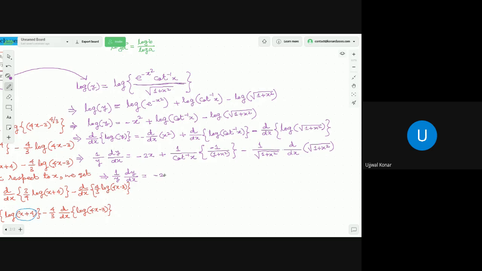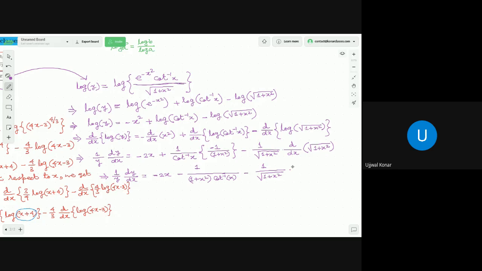So minus 2x minus 1 by 1 plus x square into cot inverse of x, correct? Minus 1 by square root of 1 plus x square into d/dx of square root of 1 plus x square.